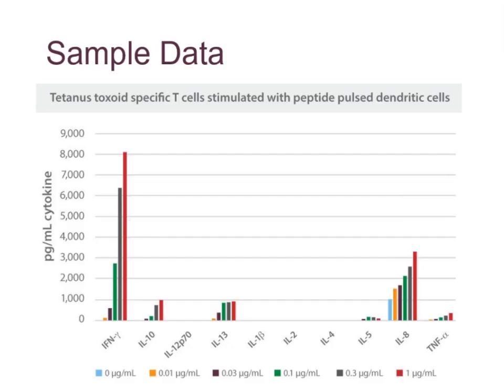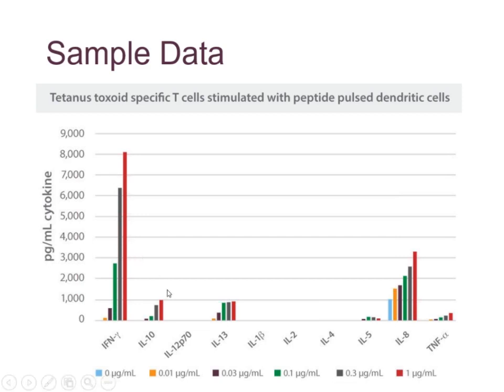So here's some sample data, again, from the antigen-specific T cells that respond to tetanus toxoid. The cells were stimulated with antigen-pulsed dendritic cells, and we measured 10 cytokines. And the different color bars indicate different concentrations of the antigen.